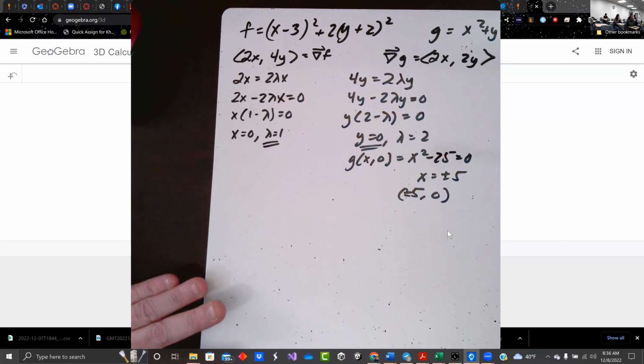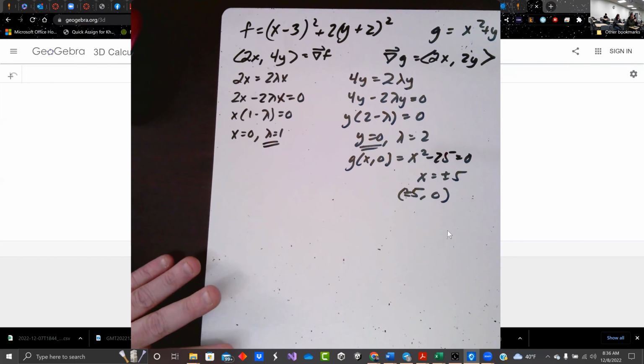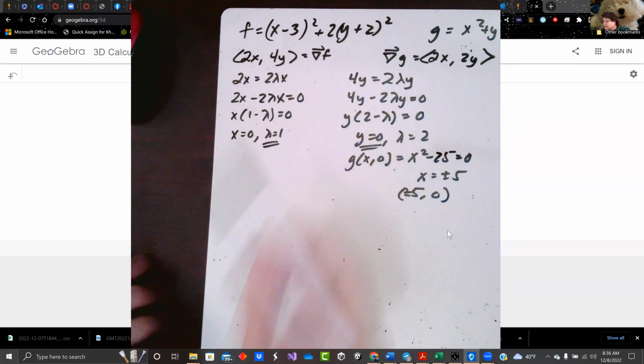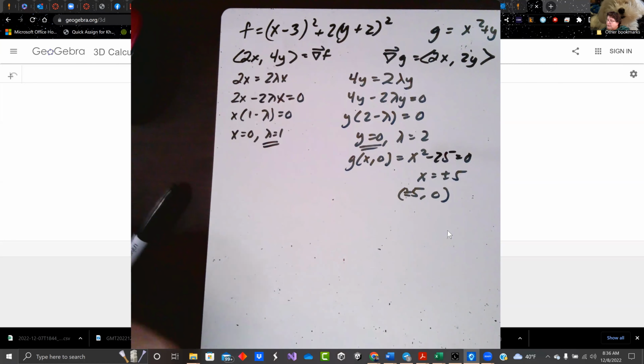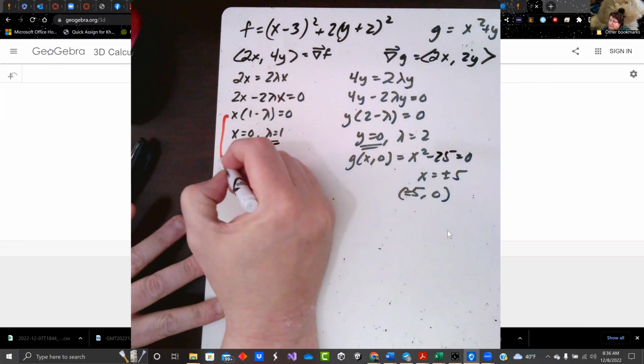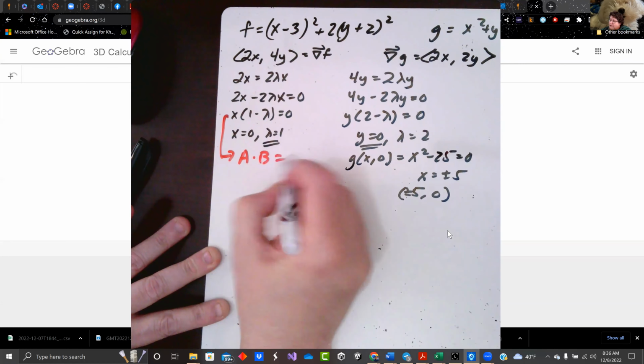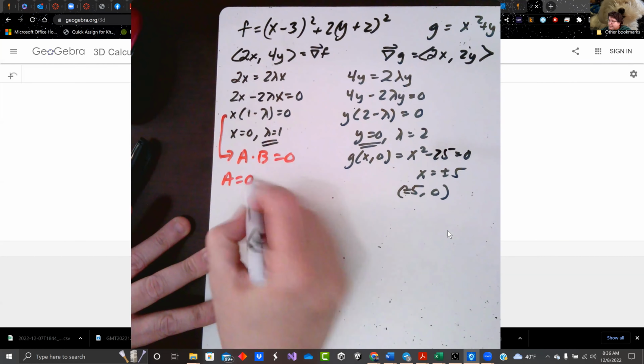Why do you say that? I thought the x equals 0 and the lambda equals 1 thing go together. Or is that not true? No, we have a zero product rule. Two things multiply together to equal 0: A equals 0 or B equals 0.